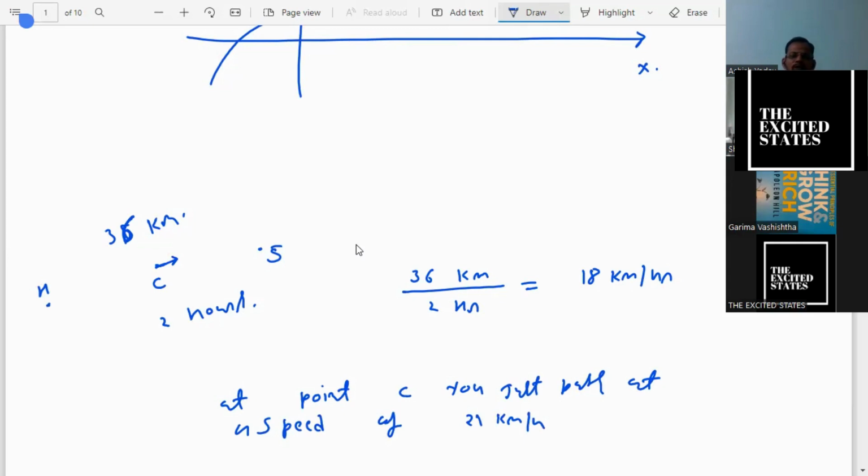And it is obvious that throughout the way from home to school, you will not move with a constant velocity or constant speed. At some points it will be higher than the average speed, and sometimes it will be lower than the average speed.